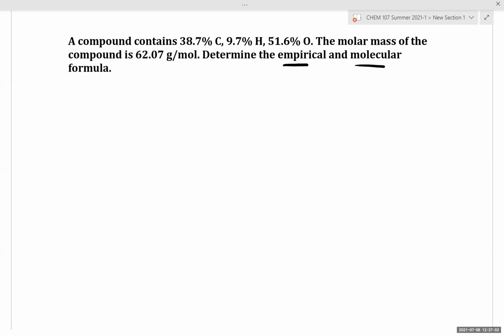So considering our initial process, where if we want to calculate the empirical formula, which is a mole to mole ratio, we'd first want to state each of our given values.